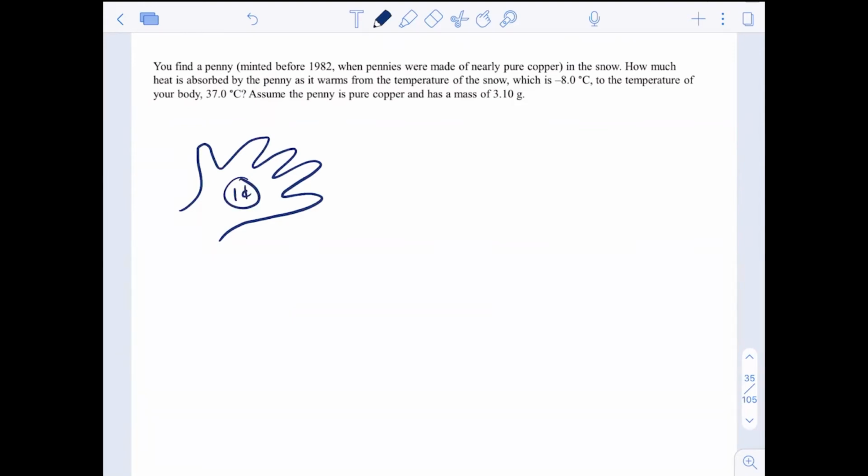So the copper penny is very, very cold. All right, the copper penny starts, I like writing everything out. Temperature initial is -8 degrees Celsius. Temperature final is 37 degrees Celsius.